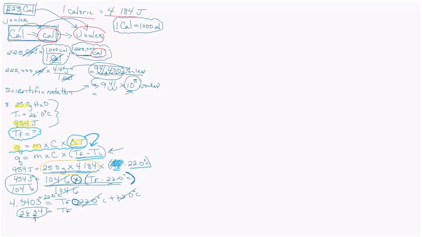Looking at the number directly after it, it's a 4, that's not going to change. It's less than 5, so that means my answer is going to be 26.3 degrees Celsius is equal to my T final. And that is the answer to the question.